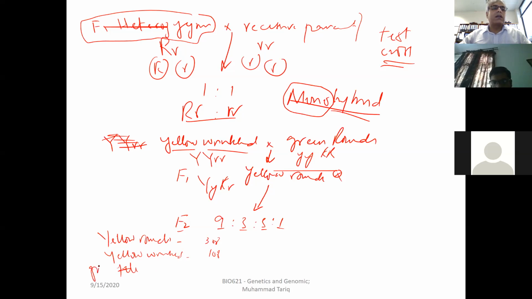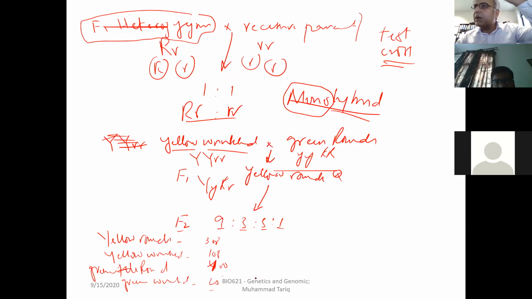Sorry, green rounds. Again, he received something like 100 something. Green wrinkled were like 25 or whatever numbers.